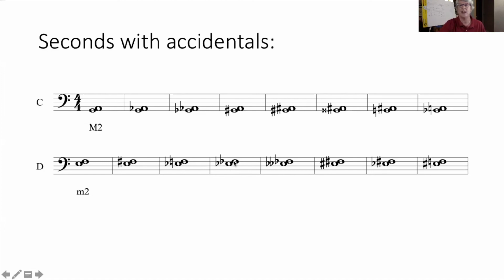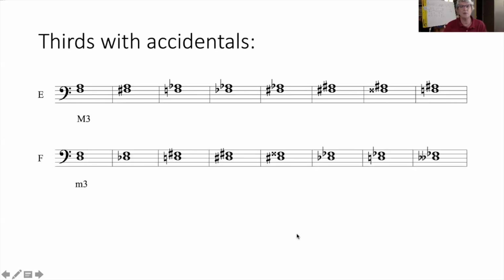E flat, F flat is still a minor second. But if we then put a double flat on the E, now we've moved the E two half steps lower, while the F is only moved one half step lower, and this is back to being a major second. A sharp on both of the notes, again, keeps this as a major second.